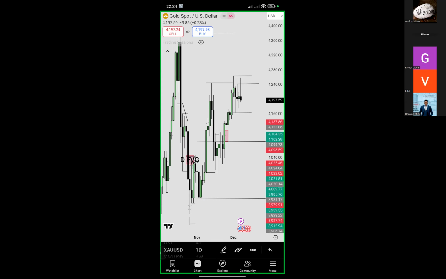That will be a nice area for gold to drop into, then we see that bullishness, or to take out, maybe create a new all-time high or something. That will be a nice area to look for long opportunities. But like I say, it's still very far away.